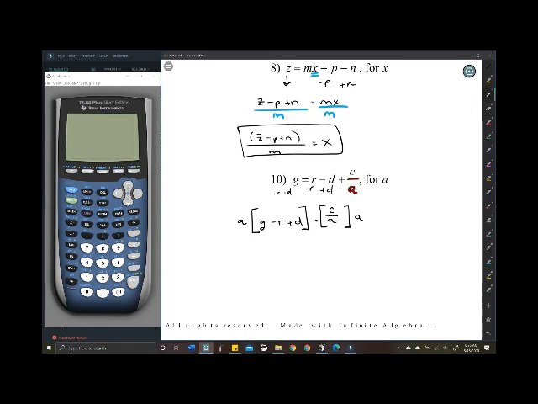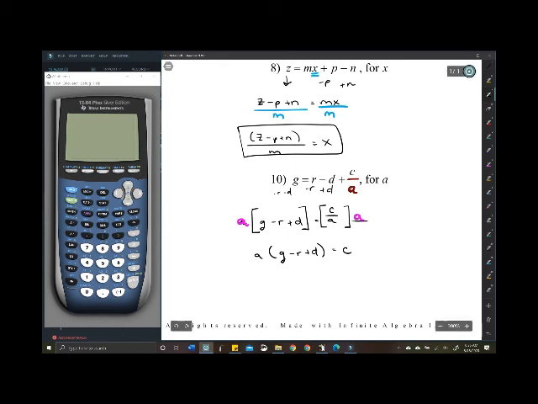We can multiply by the reciprocal a over c, but I just want to show you this here. So multiplying by a, and don't distribute, that's just going to make it a times the quantity g minus r plus d is equal to c. Now it's tempting to distribute, but don't do that just yet.